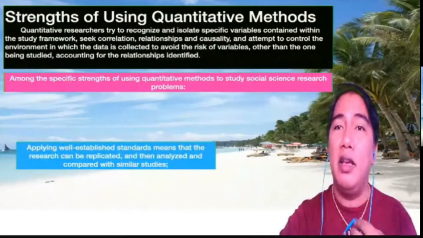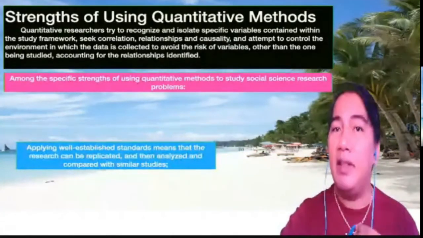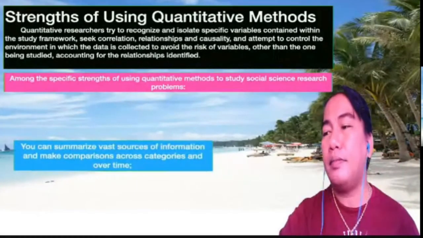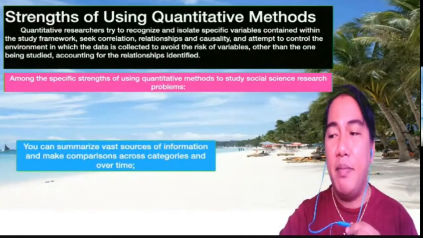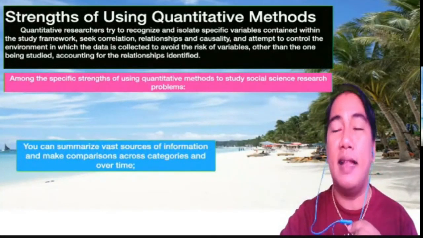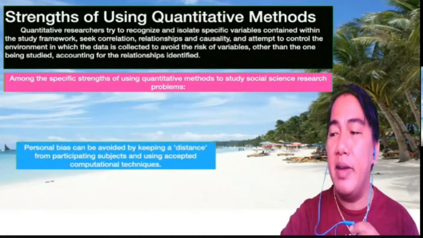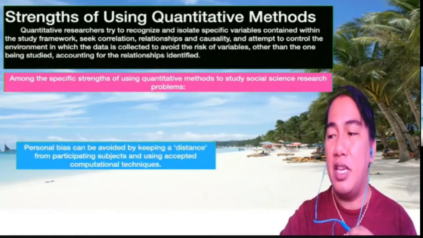You can replicate different setting, different sample. Okay. You can summarize vast sources of information and make comparisons across the categories and over time. Personal bias can be avoided by keeping a distance from participating subjects and using accepted computational techniques.